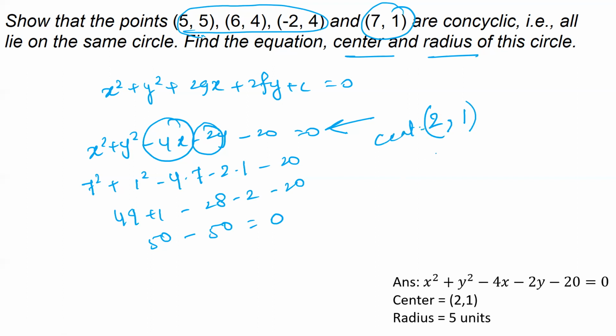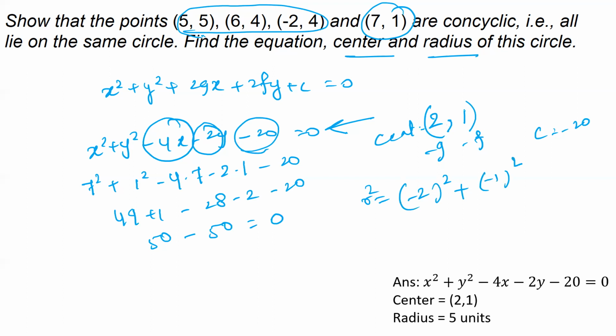And to find the radius, I have minus g, I have minus f, and c is equal to minus 20. So my radius square will be g square plus f square minus c. Minus g is 2, so g will be minus 2.